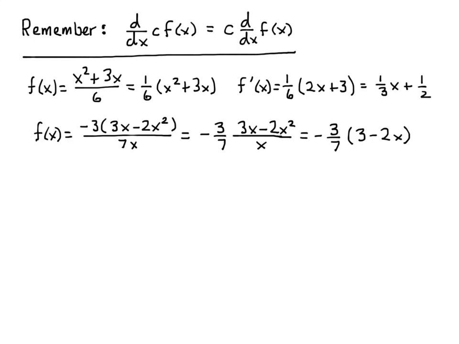And then, of course, we have the polynomial that we take a derivative of, and we get, lo and behold, 6/7, right? Because the derivative of 3 is 0. Derivative of negative 2x is negative 2. Negative 2 times negative 3/7 is 6/7. So you would never expect to see a constant coming out of that function, but by rewriting it, you get to the point where you actually do get a function that is easier to take the derivative of.